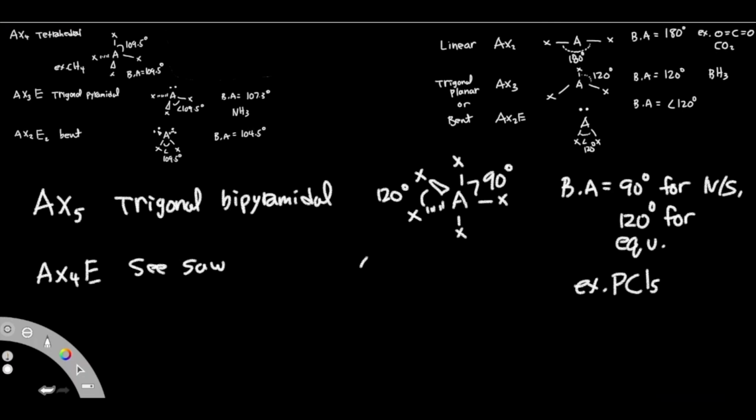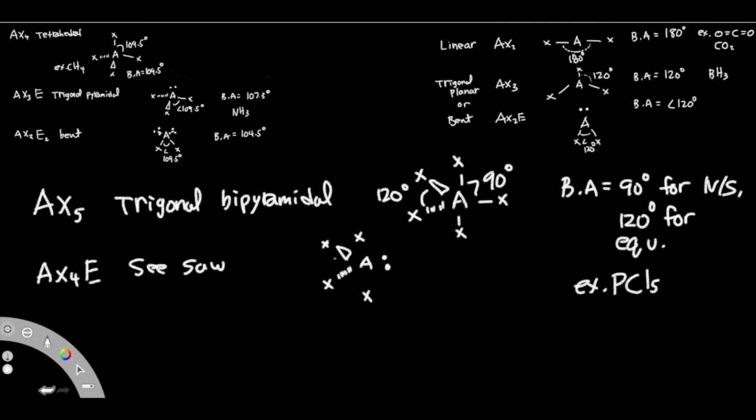If we had an A here, X is here, but this one here on the side, for example, we're going to just take this X and put this as a lone pair. So there is our E. So we need 4 X's, so we just need to draw 2 more. So we're going to have an X here where it was, and this X here. That's where that was. Now, what are the bond angles going to be?